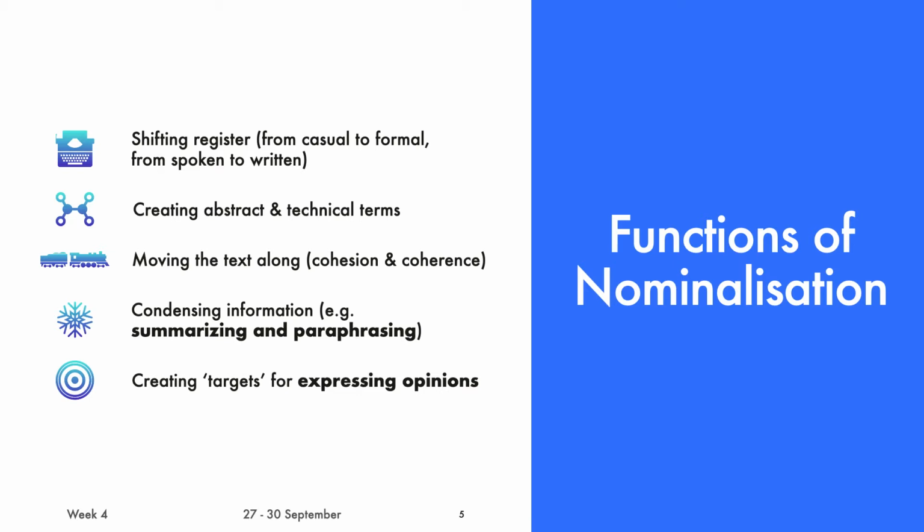Through the process of forming nouns, and we usually describe nouns using adjectives, when we form more nouns in our writing, it's easier for us to comment on them. So that's the fifth function, creating targets for expressing opinions.